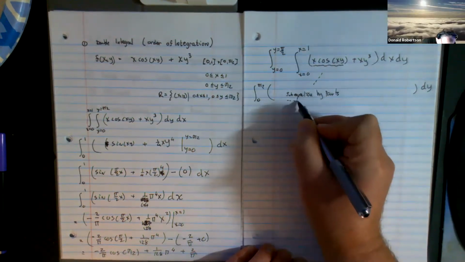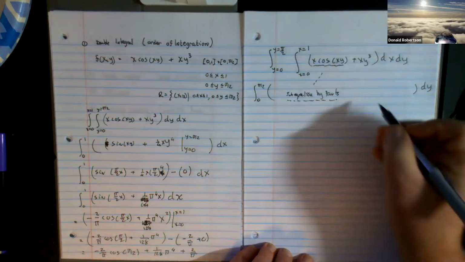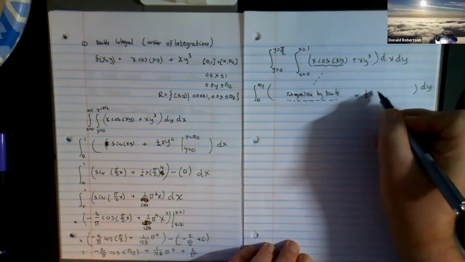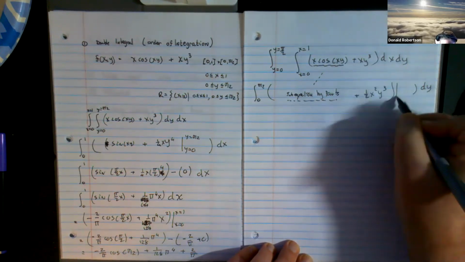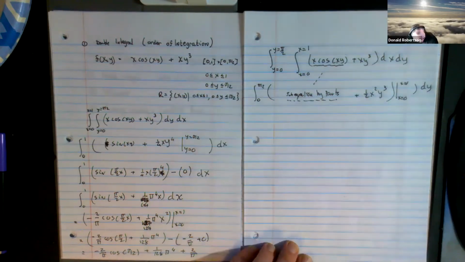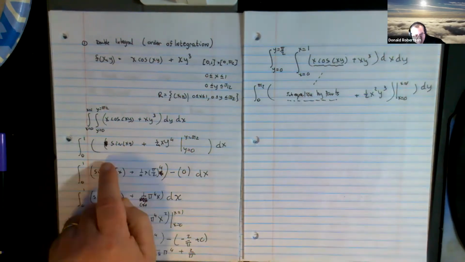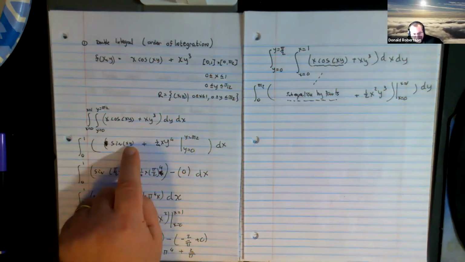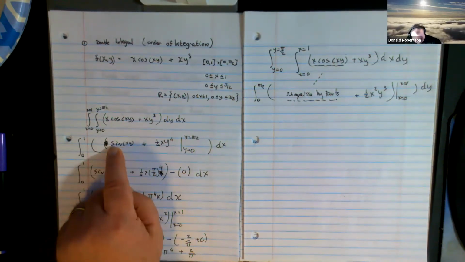So I've changed what I was going to do here. And this fella is doable. This fella is just 1/2 x squared y cubed. And it's going to be evaluated from x equals 0 to x equals 1. Would you agree that integrating x cosine xy generated a relatively nice answer?